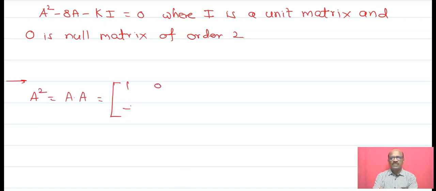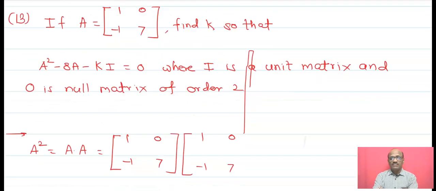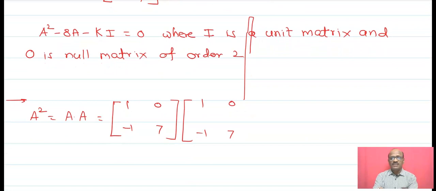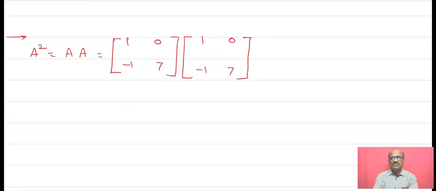How to find out A square? A into A. Therefore, it is written in this manner: 1, 0, minus 1, 7, times 1, 0, minus 1, 7.